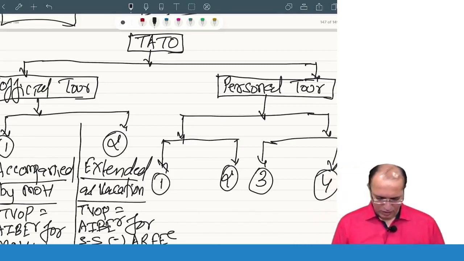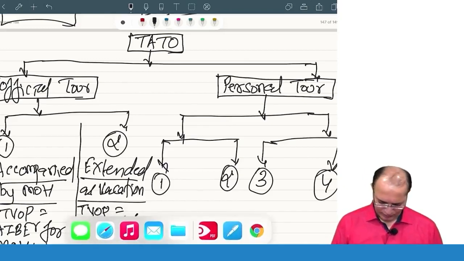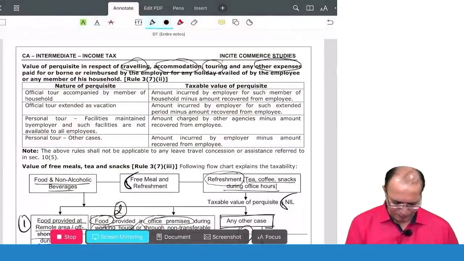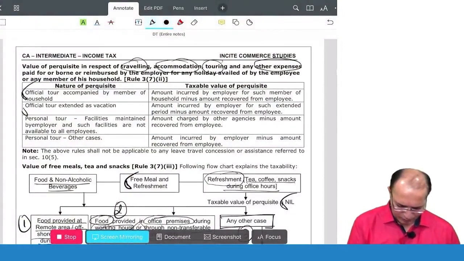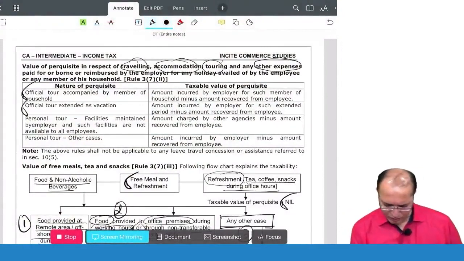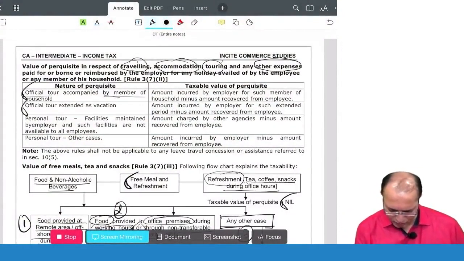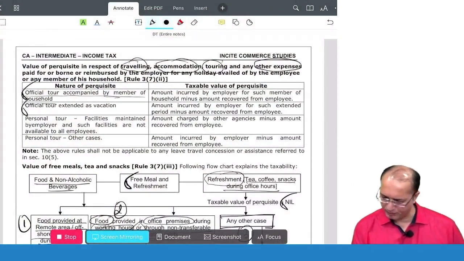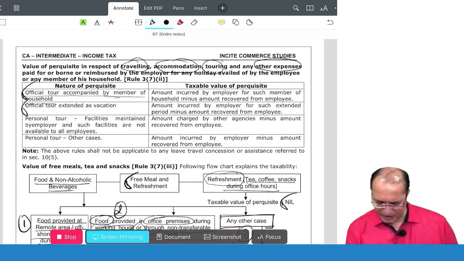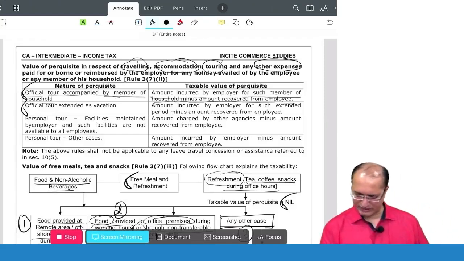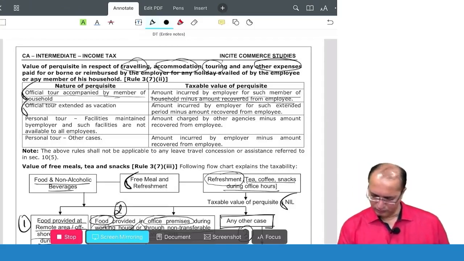Okay. Now we move on to the right hand side, that is personal tour. In our notes we have completed point 1 and point 2. Point 1: if the official tour is accompanied by a member of household, then the amount incurred by the employer for such member of household minus the amount recovered from the employee is the taxable value of the perquisite.